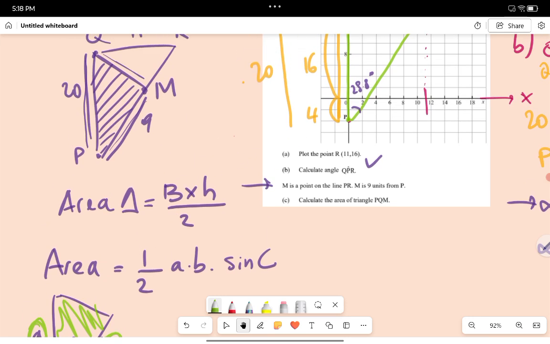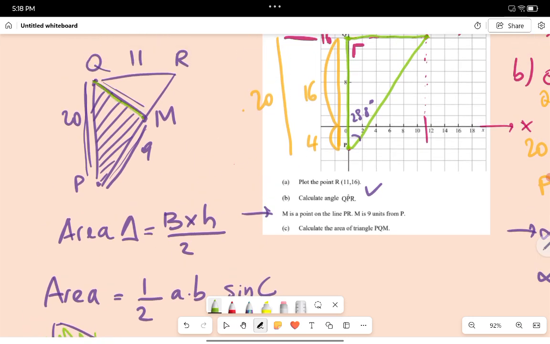Do we have that information? If we want the area of this triangle, we need one side, the second side, and the sine of the angle in between.